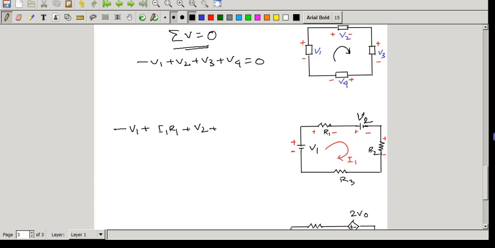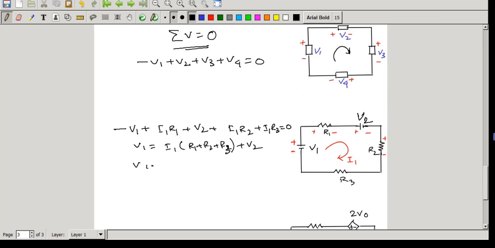that voltage in terms of resistance and current, that is I1 R2 plus I1 R3, will equal 0. So from here we find that V1 equals I1 into R1 plus R2 plus R3, plus V2.